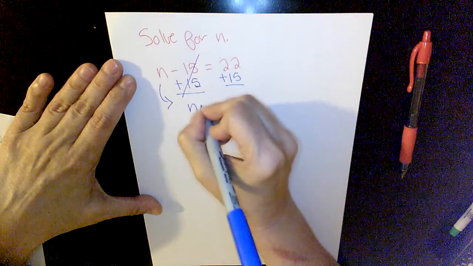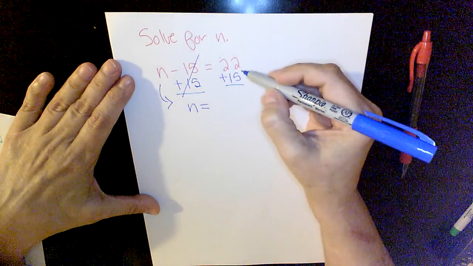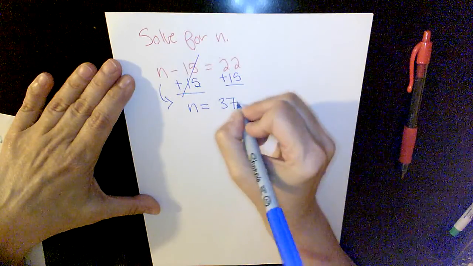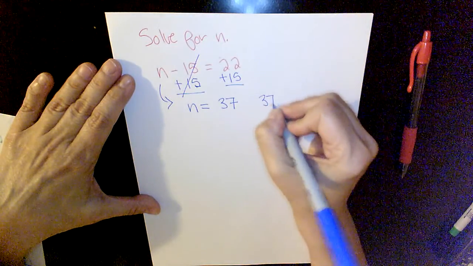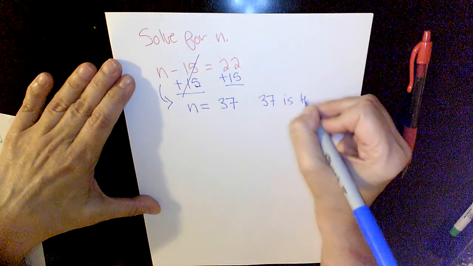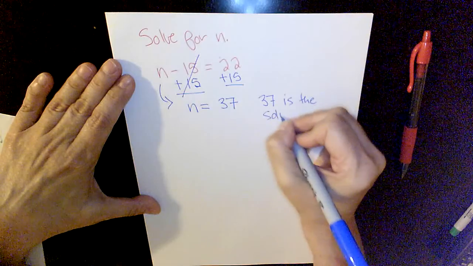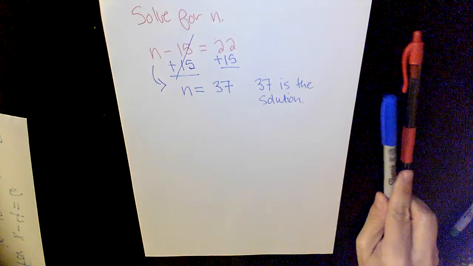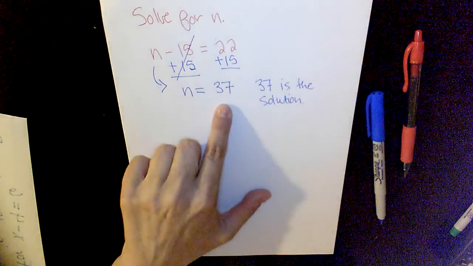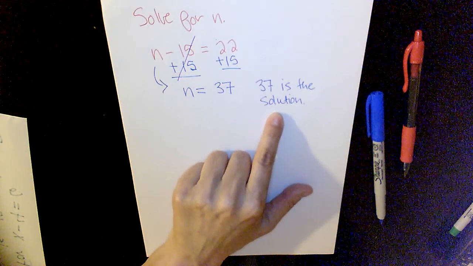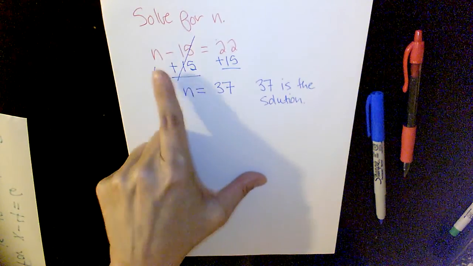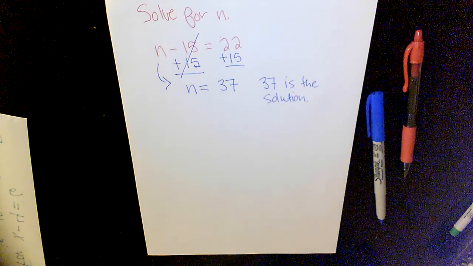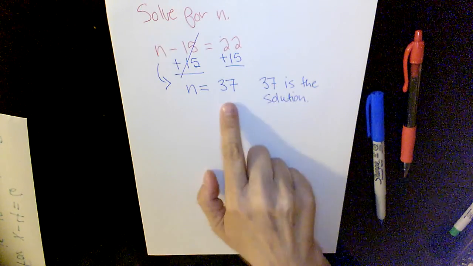This n comes down, and what's 22 and 15? So n is 37. 37, we say in math, is the solution. So n equals 37. You don't need to write 37 as the solution on a test or quiz, but I would like you to show your work and put that n equals 37. So I know you know that n equals that value.